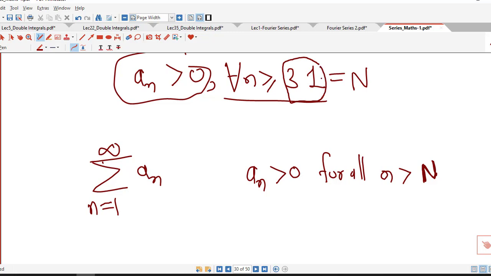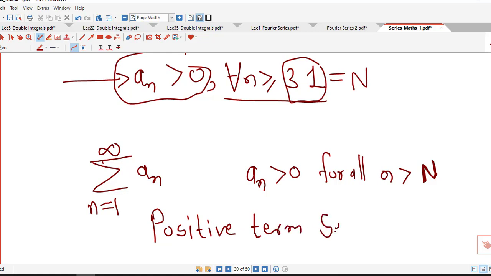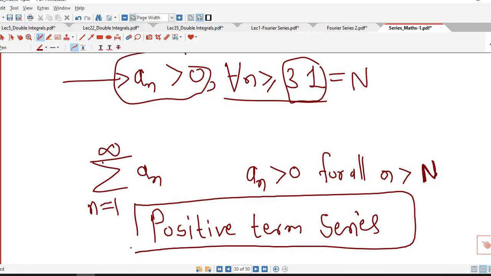Starting from 31, all the terms are positive. This type of series is known as a positive term series or positive series. So the integral test is applicable for positive term series only.